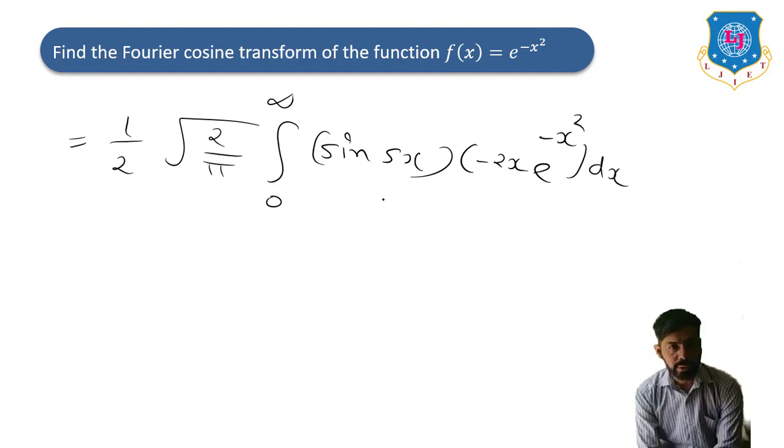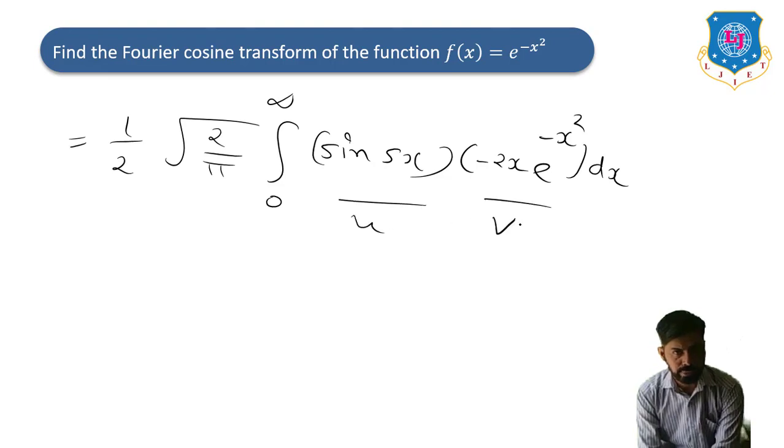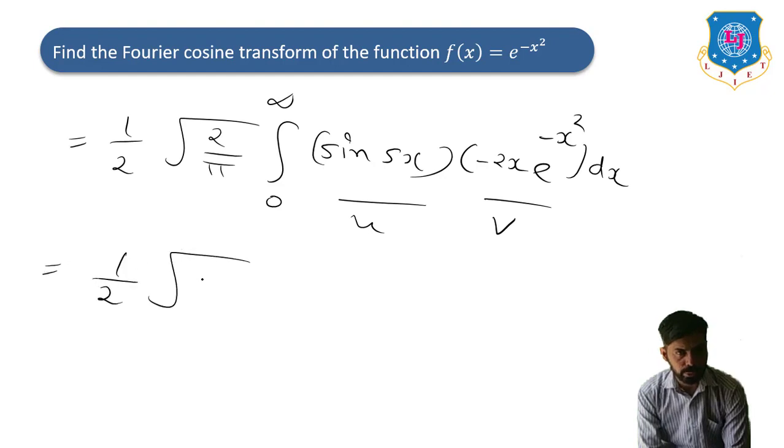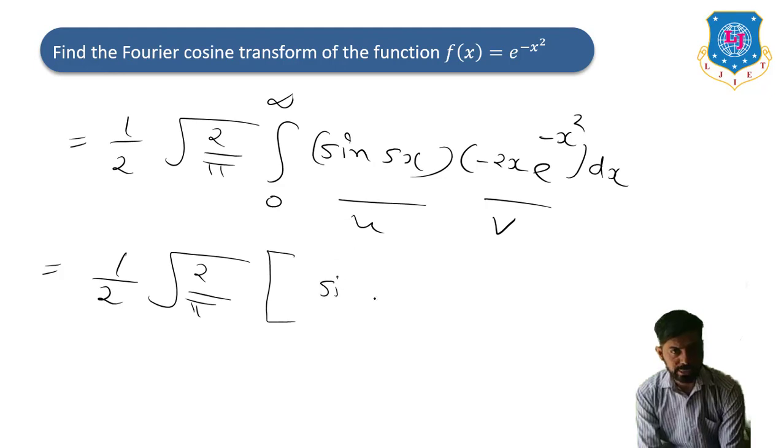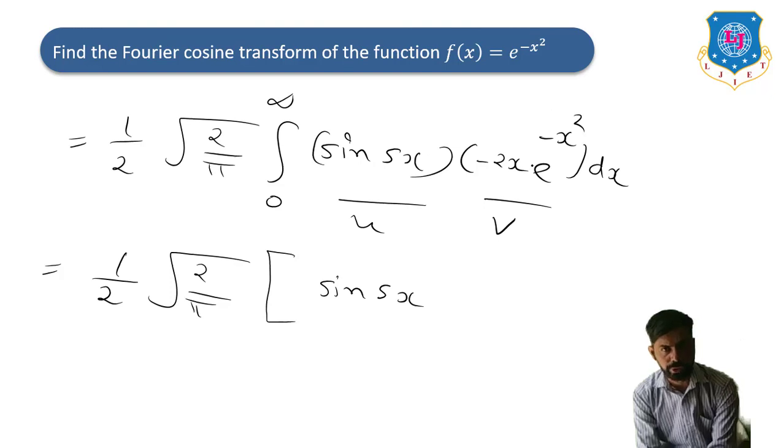Now here applying integration by parts, so this will be u and this term will be v. So this can be written as 1 divided by 2 into square root 2 by pi. So first of all u will be as it is, so sine sx. Now we will have to take the integration of v. So if we take the integration of v, the integration of minus 2x into e raised to minus x square will be e raised to minus x square.